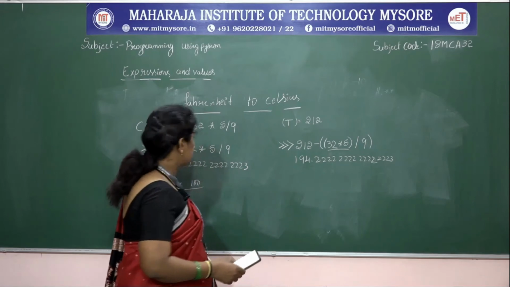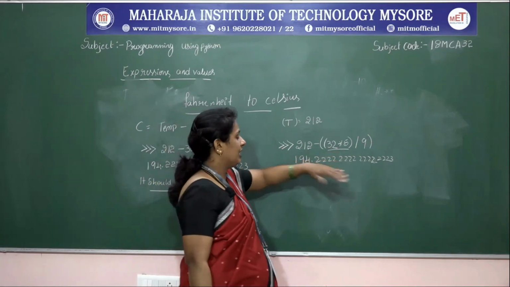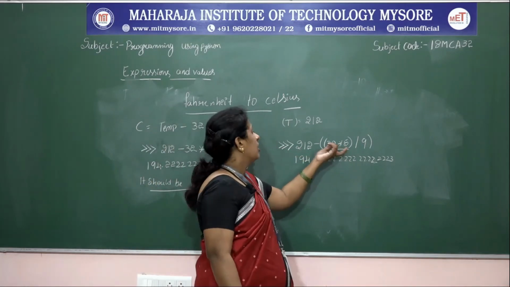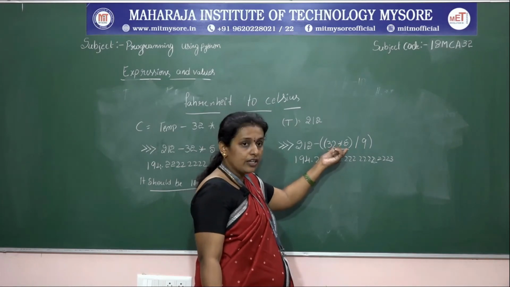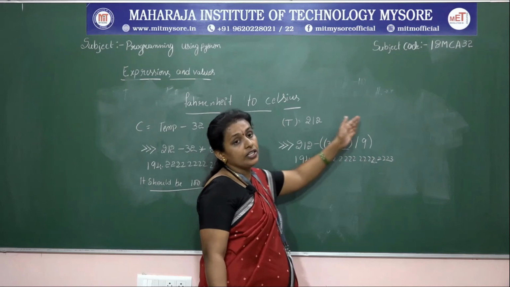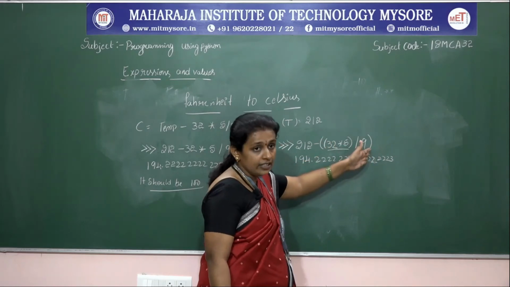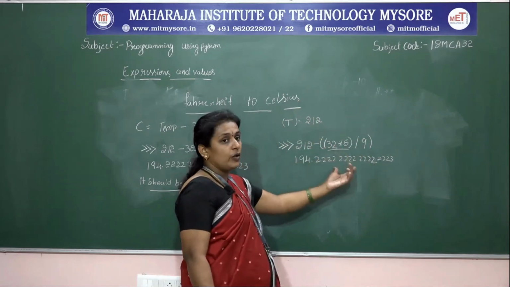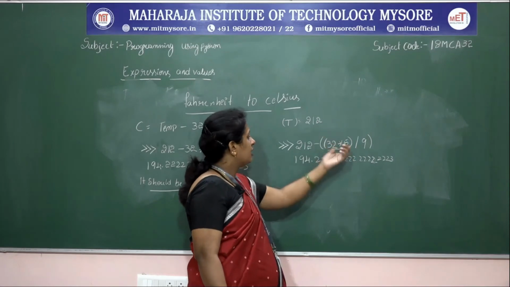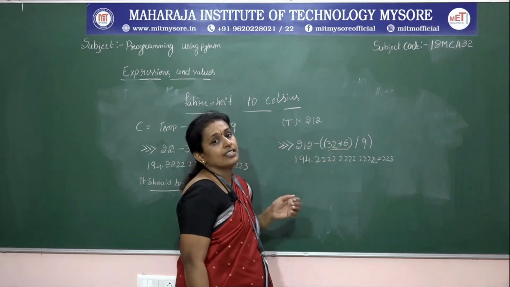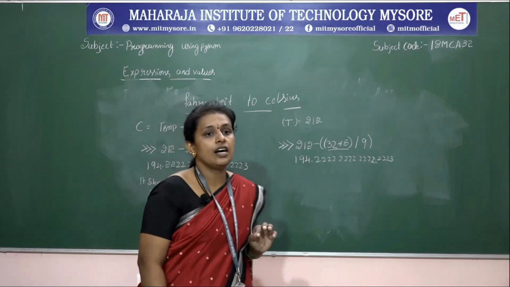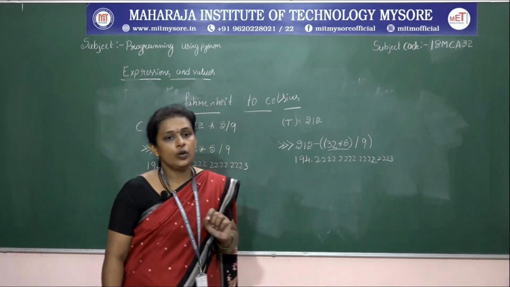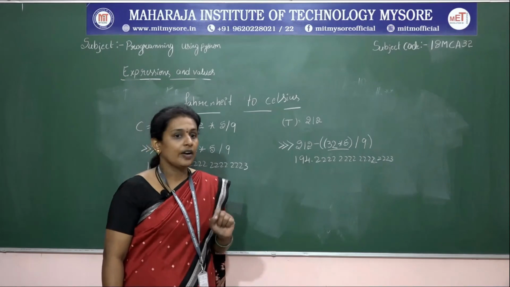So the expression is evaluated like this. First 32 multiplied by 5 is executed. After that it is divided by 9, then to whatever value is received, the subtraction operation is performed.